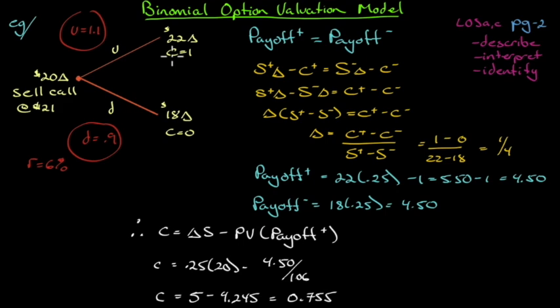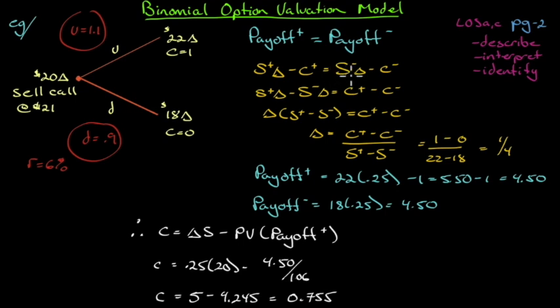So let's set the payoff to the upside equal to the payoff to the downside. In other words, S plus delta minus C plus. So what we're saying here is this is our payoff now. This is what we can sell the shares for minus the value of the call, because we clearly lost. We're short. The value is $1, so we lost $1.